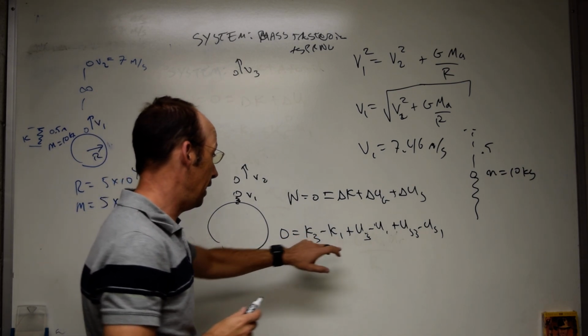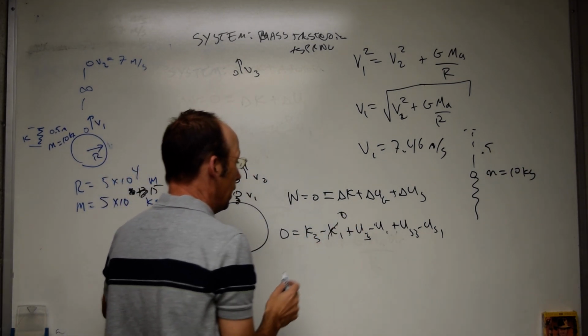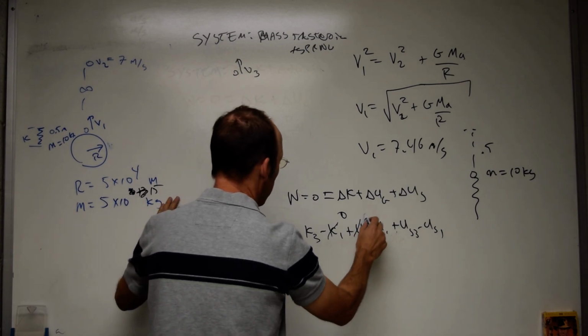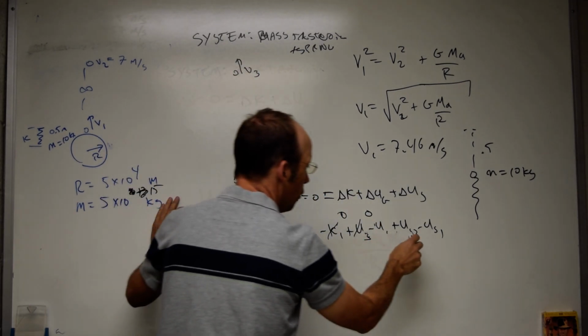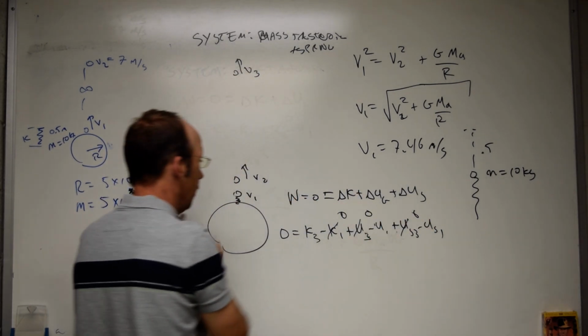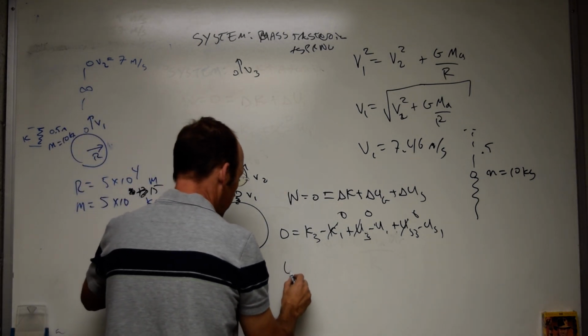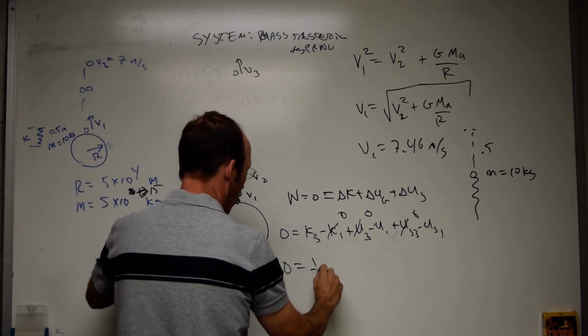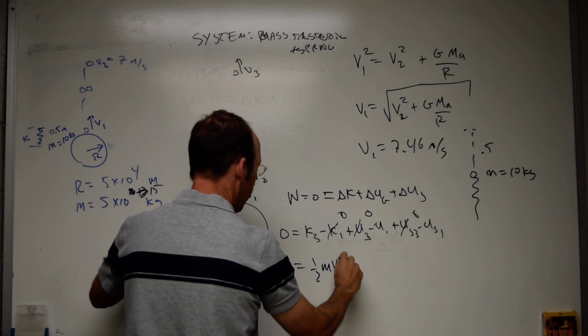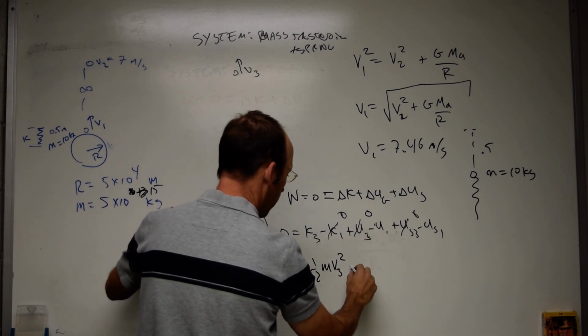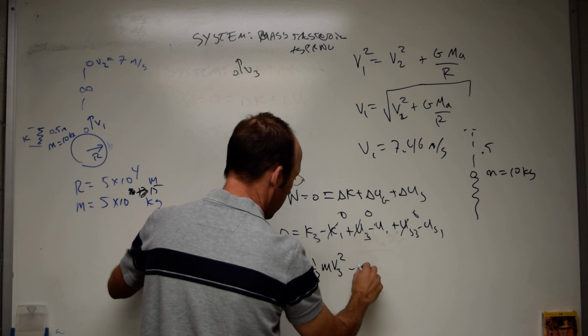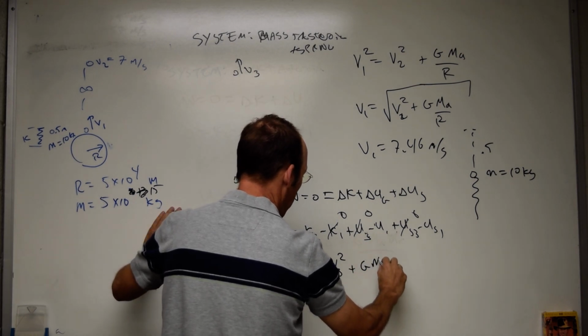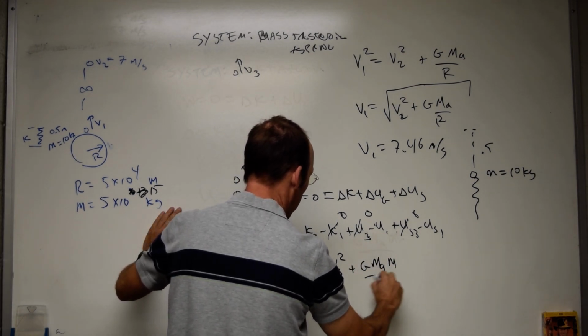Now, K1 is 0, because now I'm starting from rest. U3 is 0, because it's really far away. And US3 is 0, because the spring's not compressed or stretched. So now I say 0 equals 1/2 m V3 squared, minus, so plus G, mass of the asteroid, m over r.